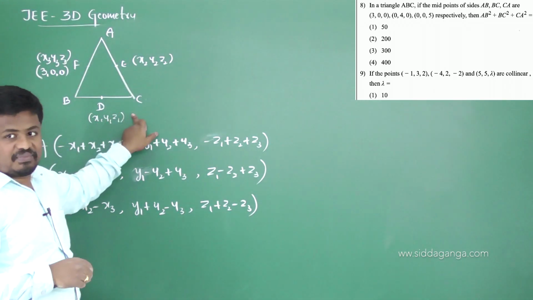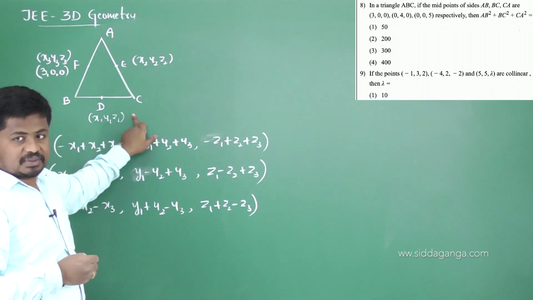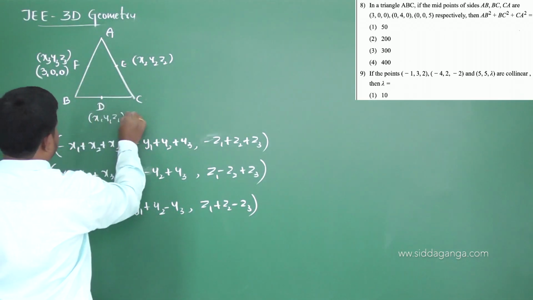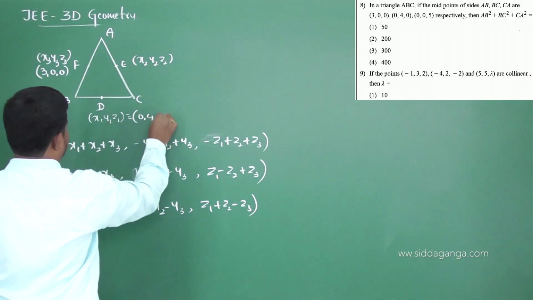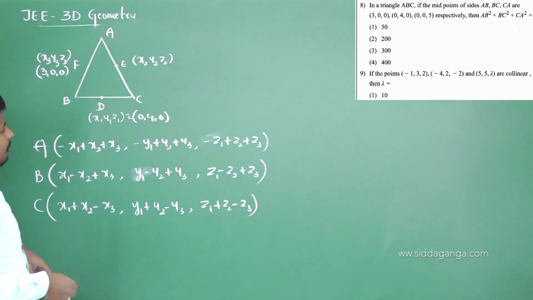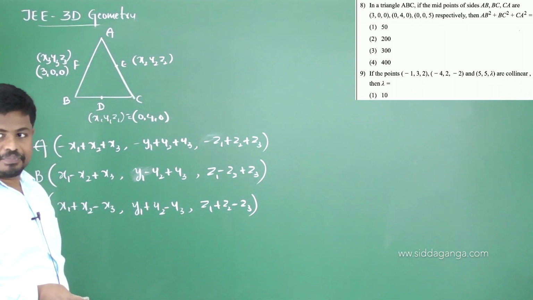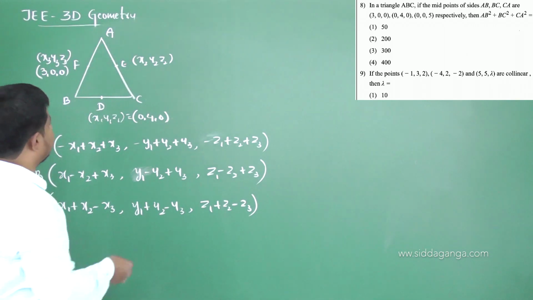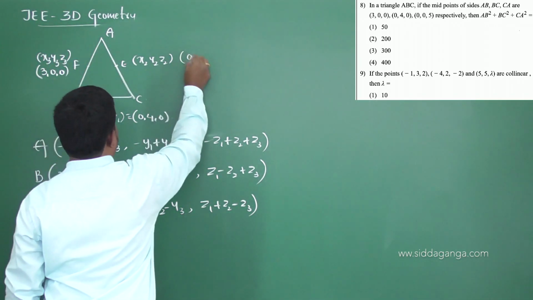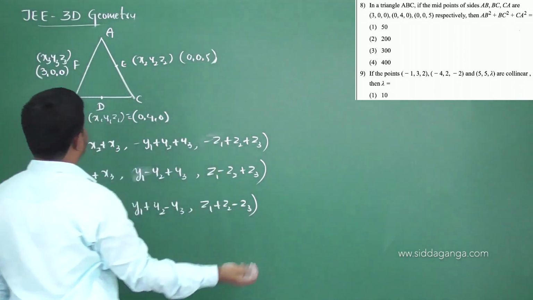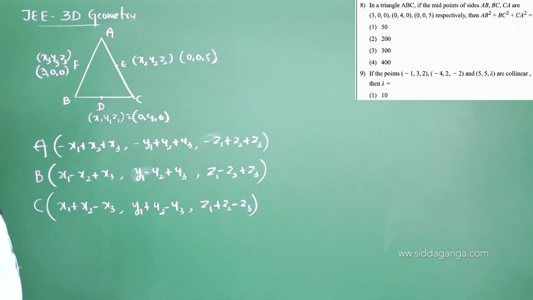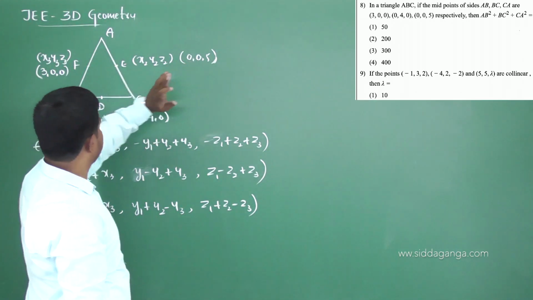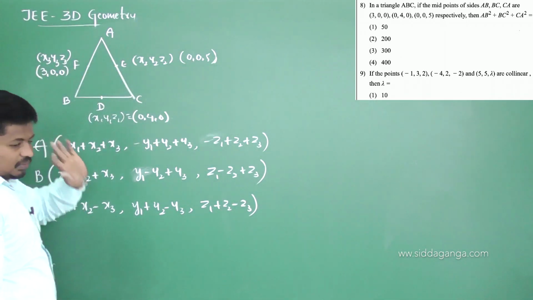The midpoint of BC is 040, right? The midpoint of CA is 005. So from the given data, x1, y1, z1 is 040, x2, y2, z2 is 005, and x3, y3, z3 is 300.